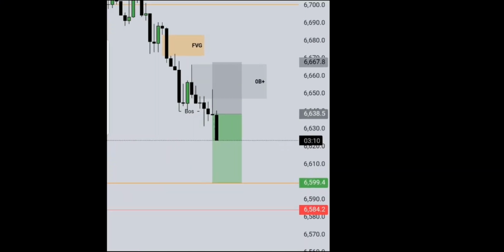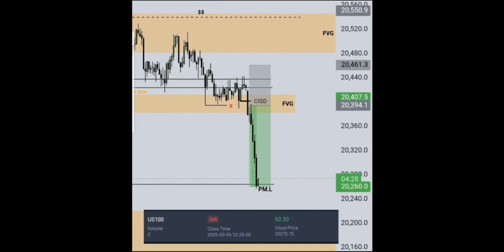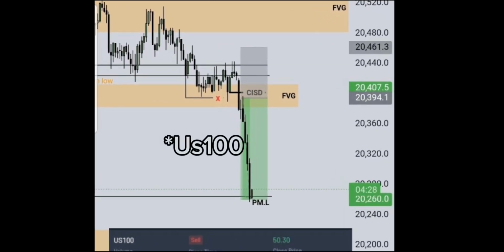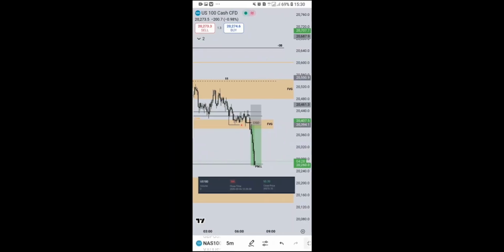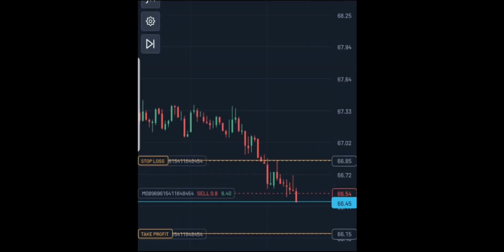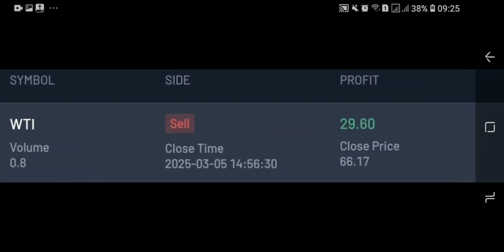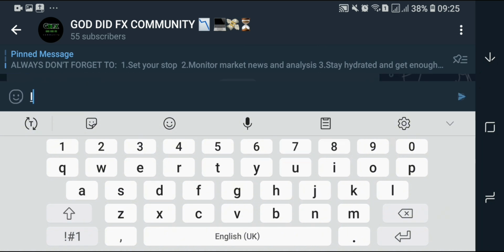So it took me 3 trades and 2 days to pass phase 2, because when I made it through with this US oil trade, that was day 1. Then day 2 I got this Euro USD trade and US oil trade, right? Then I passed phase 2 with only this $29, right?